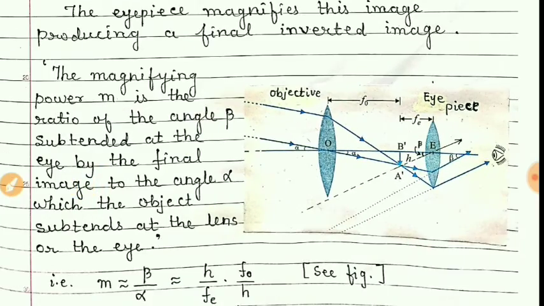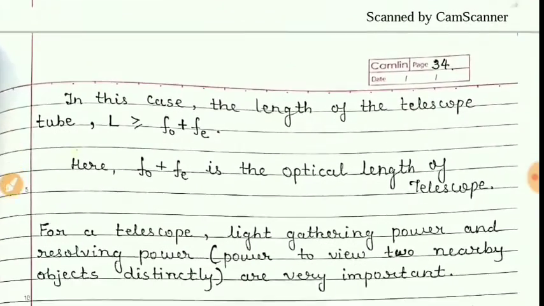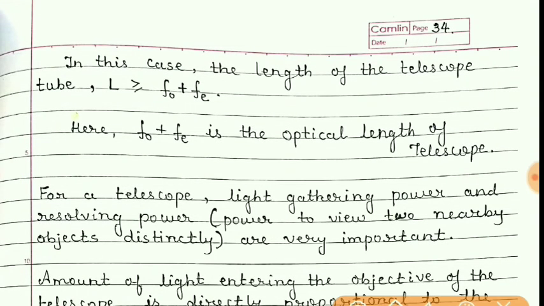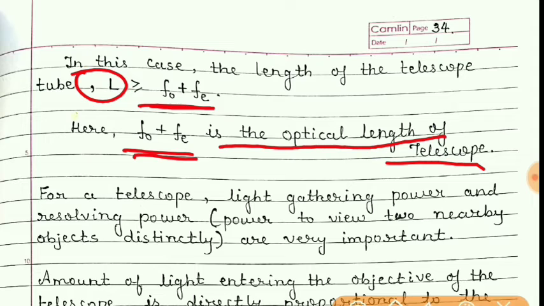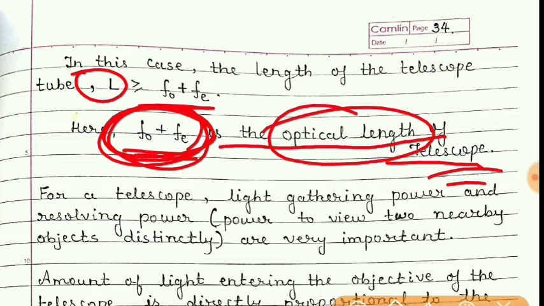It is clear that FO plus FE is the optical length of the telescope. Tube length should be greater than this summation FO plus FE, which is called the optical length of the telescope.